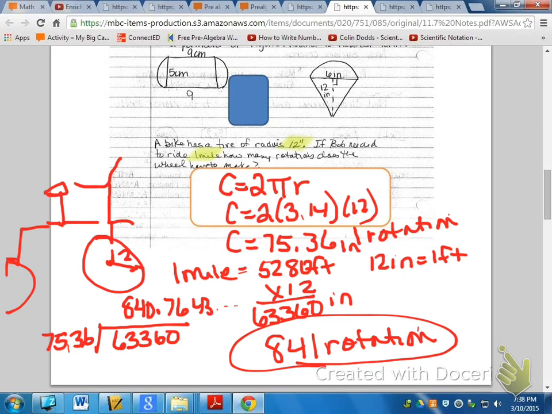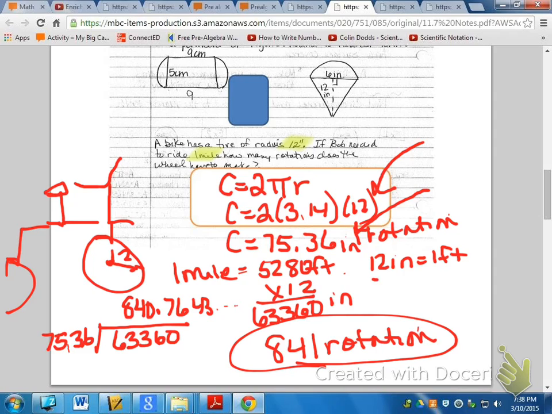That was a lot of work. Let's go back and think about it. We did the circumference of the tire using 2 pi r. They gave us the radius. One rotation is the same as the circumference, 75.36 inches. I took my mile, changed it to 5,280 feet.